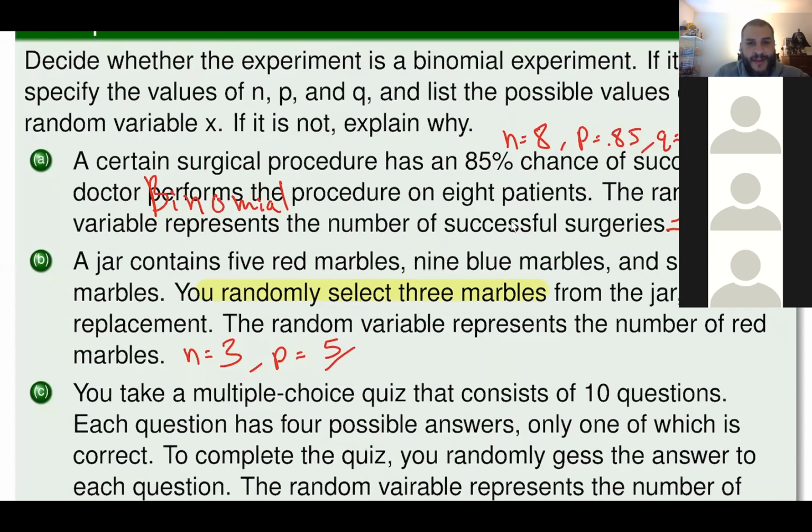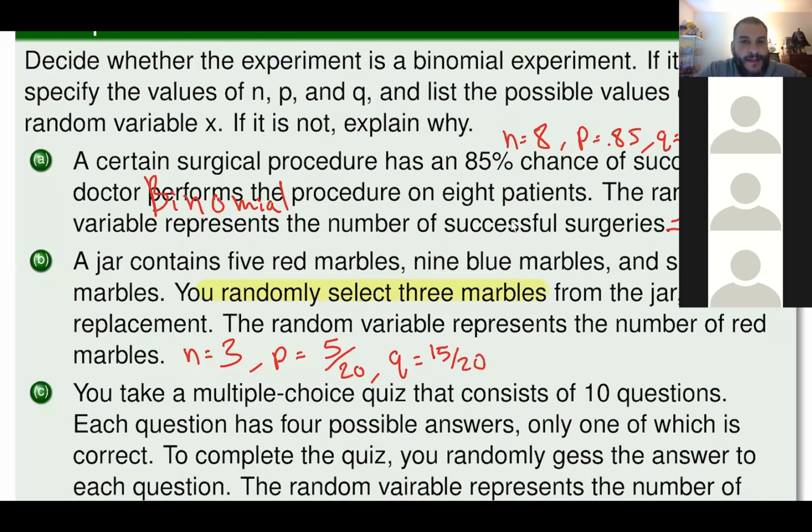So if I want to figure out what to divide it by, you just have to add those numbers. And that's 20. Yeah, so you get 20. All right, so then a failure in this scenario would be that you don't get a red marble. So if the probability that I get a red marble is 5 out of 20, the probability that I don't get a red marble will be 15 out of 20.